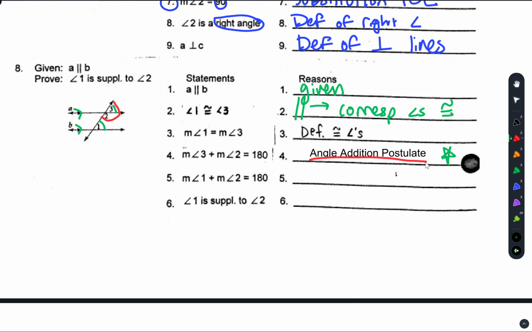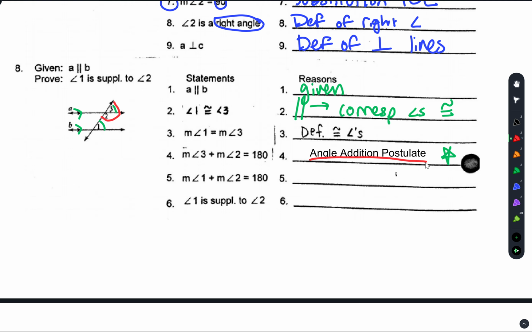Then how do I know step 5, that angles 1 and 2 equal 90 degrees? Go ahead, Casper. Okay, so there's a better one than that. What's better than that one? Dahlia? 1 and 2 are not a linear pair.